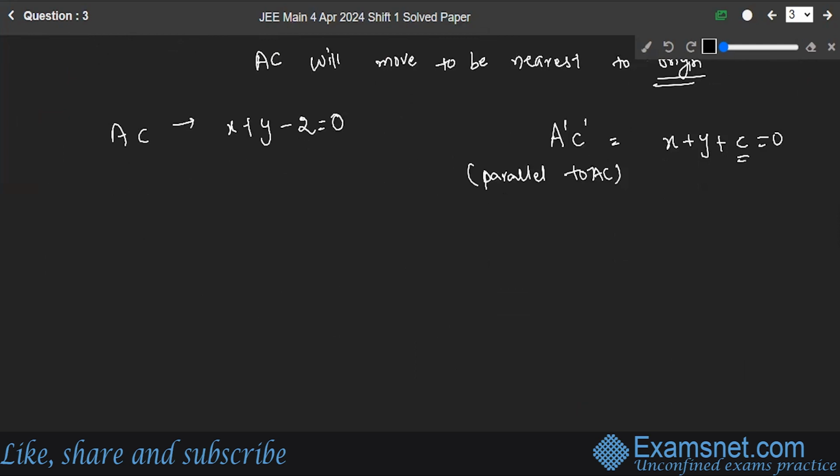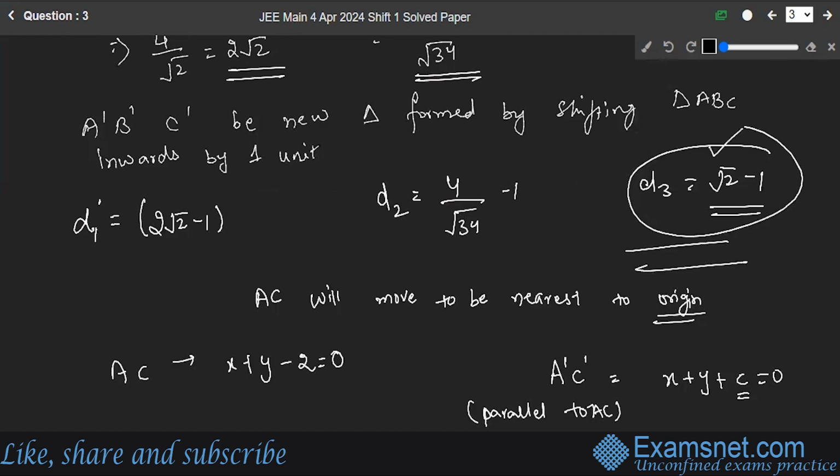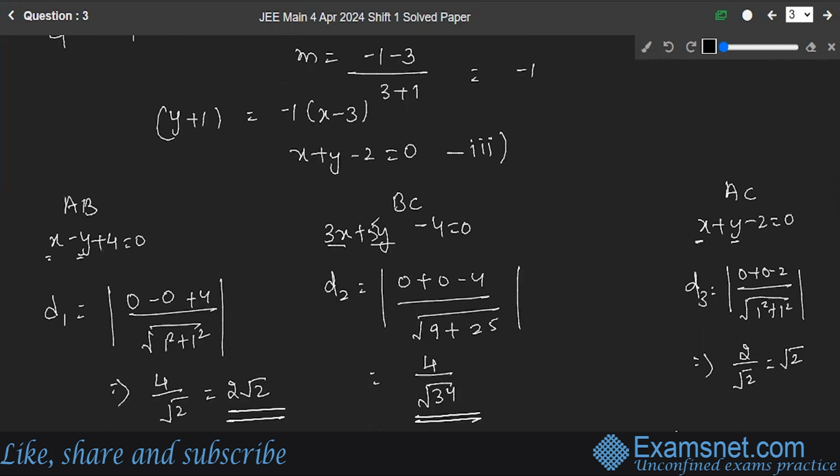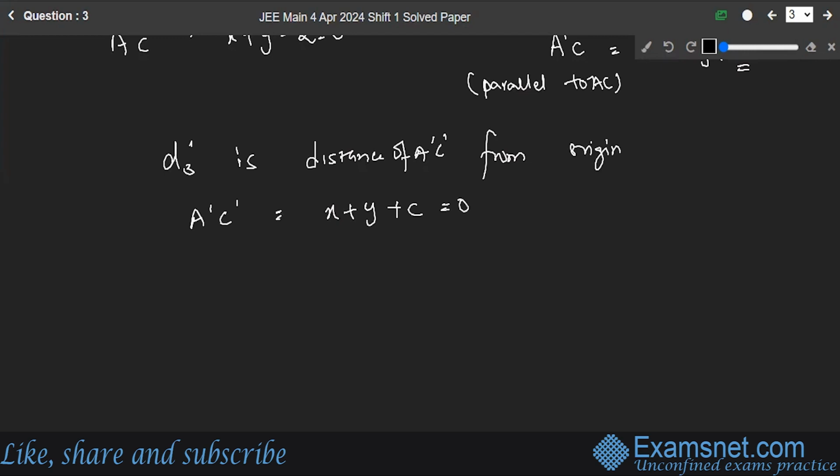For that, I have to find this value of C, right? So what was C? D3 dash is the distance of A dash C dash from origin, right? And A dash C dash, this equation is x plus y plus C is equal to 0.